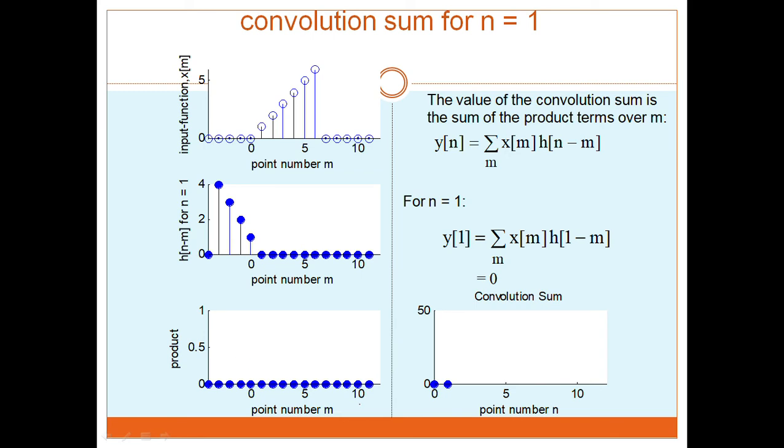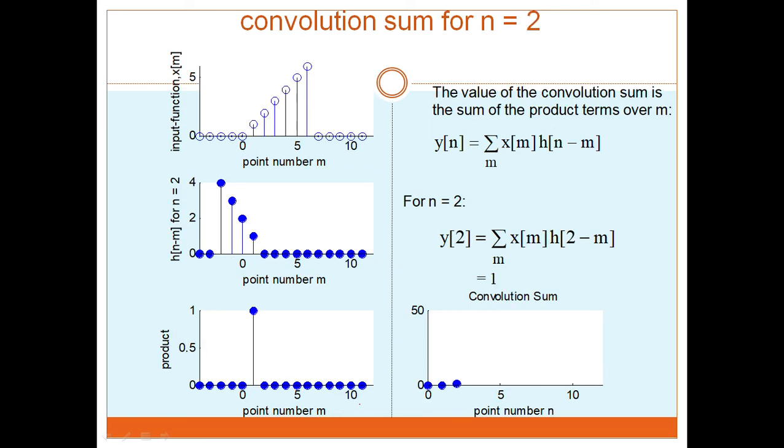So what happens if we shift again? Right now the point 0 is multiplied by this one, the value is 2. 1, 2, 3, 4.